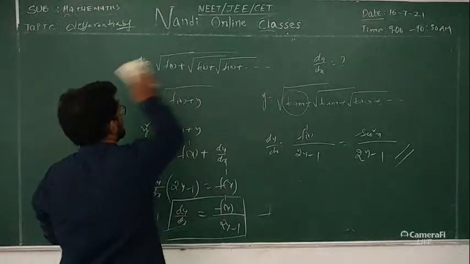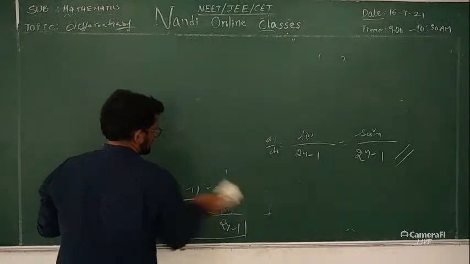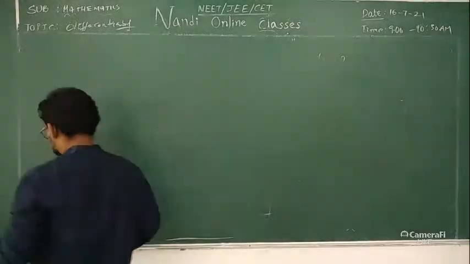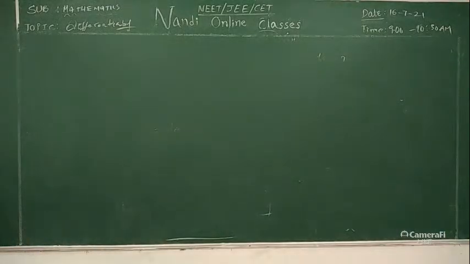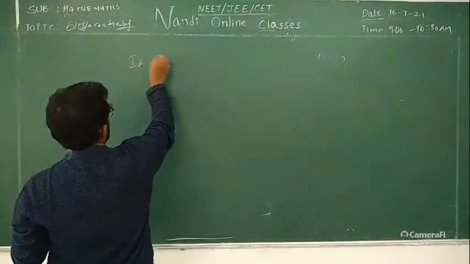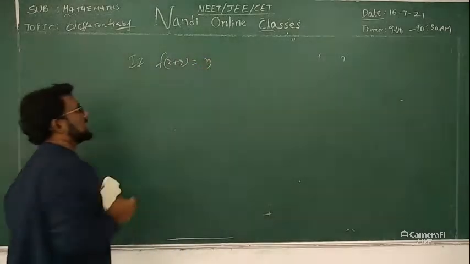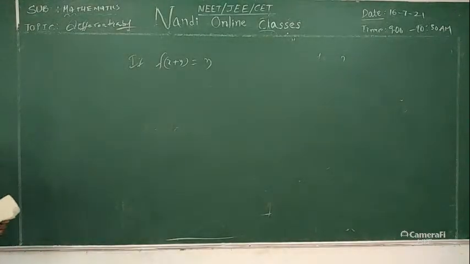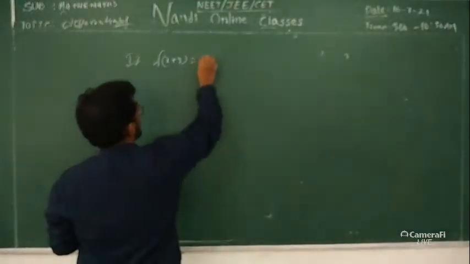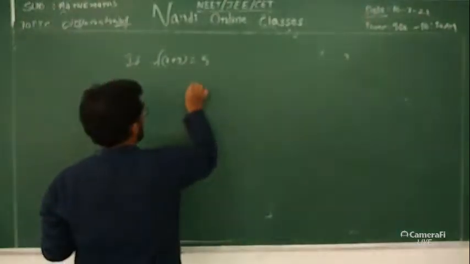And one more shortcut. If any function is given in the form of f of x plus y is equal to some other value k, then what would be the dy by dx?